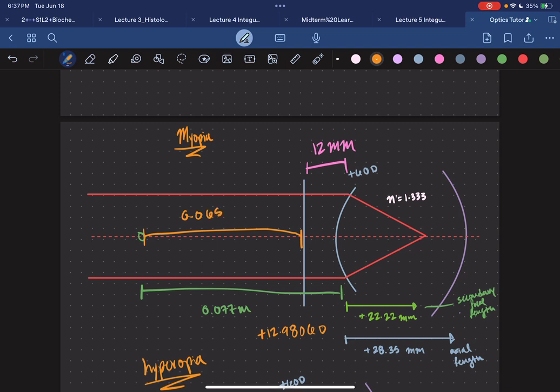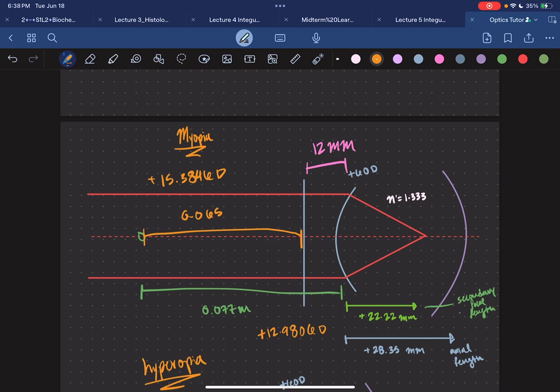Then to find the power that the glasses will need to be at that point, it'll be 1 divided by 0.065, which gives us glasses of 15.3846 diopters. That's a pretty big difference between 12 and 15.